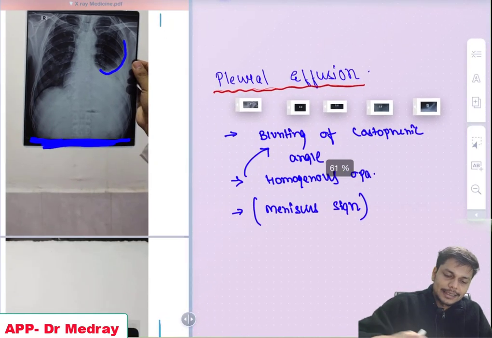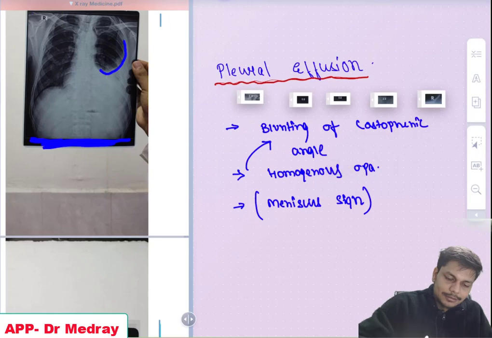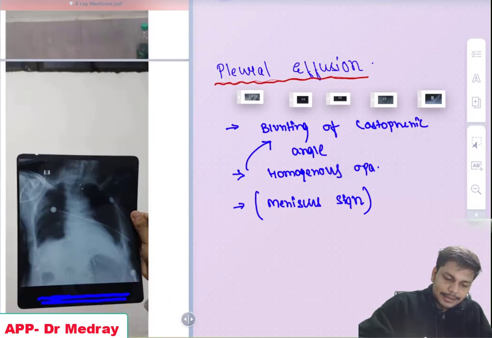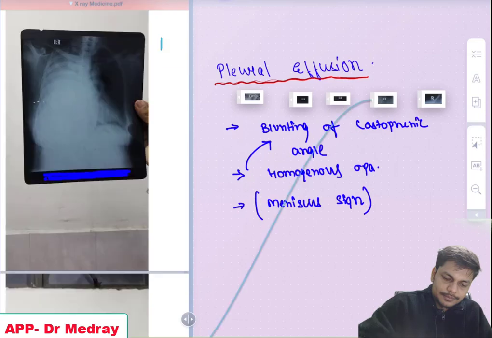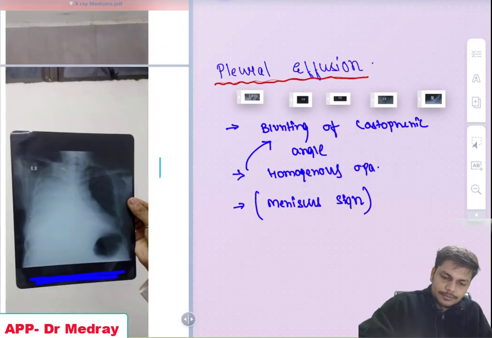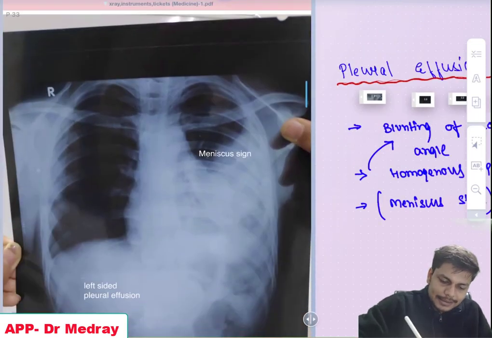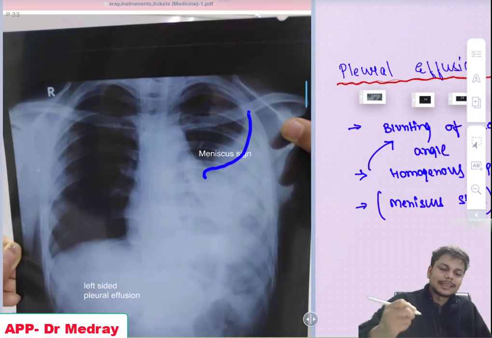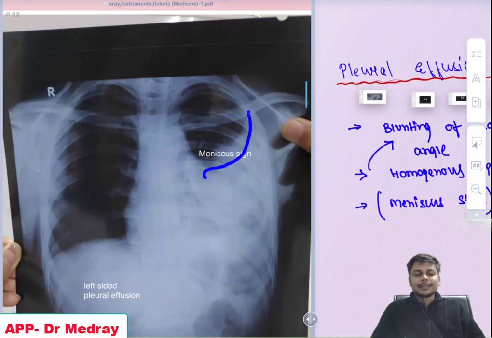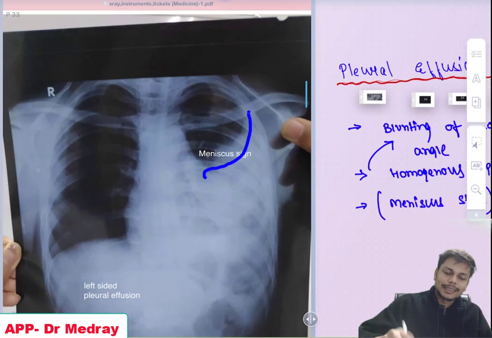You can appreciate it in another image. Can you see the patient is having an S-shaped sign which resembles the meniscus present in the knee joint? That is the meniscal sign.